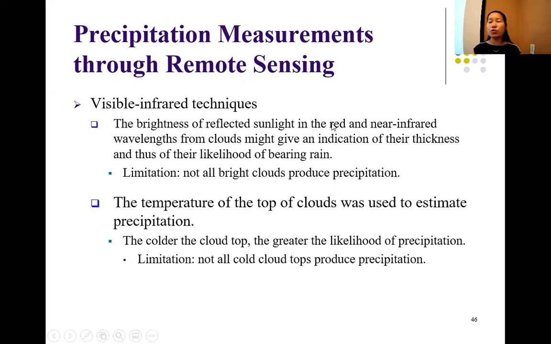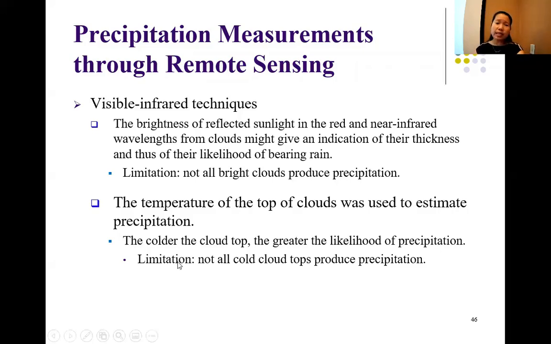That's why they use both, one in the visible band, which is red, and one in the near infrared. So it's called visible infrared techniques. These will be able to separate bright clouds without precipitation from clouds with heavy precipitation that can form rain.